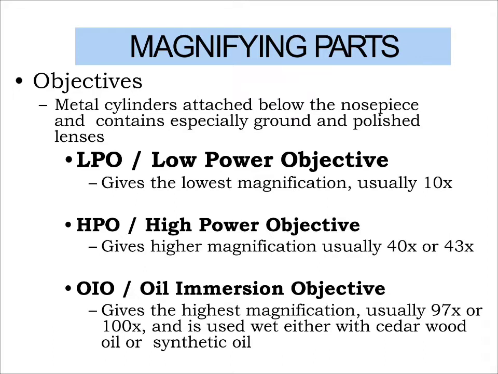Then ma'am, why do we always use only the high power and low power in the laboratory? Why are we not going to use the oil immersion objective for us to see a clearer version of the microorganism? First of all, the oil immersion objective is usually used to detect the smaller things, like the viruses and bacteria around us.